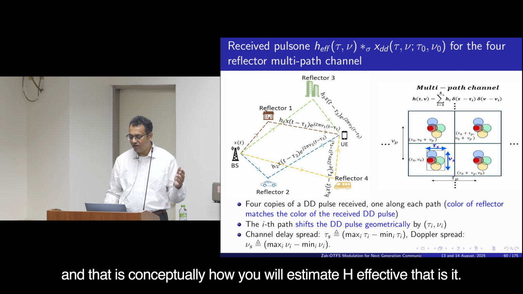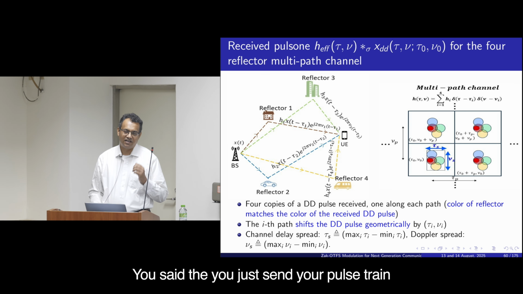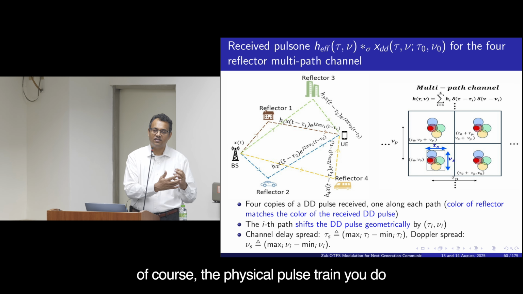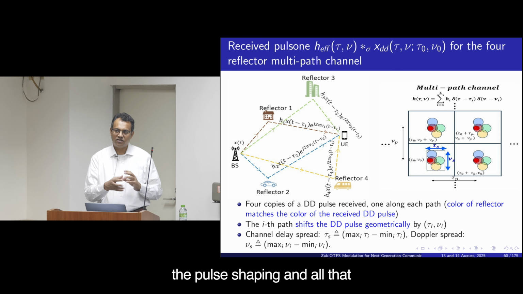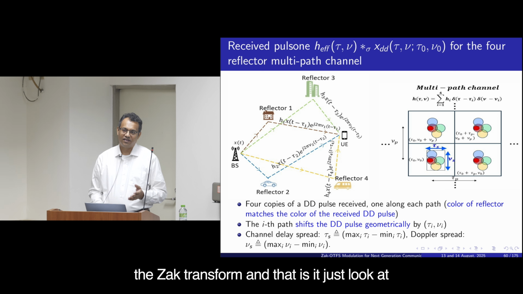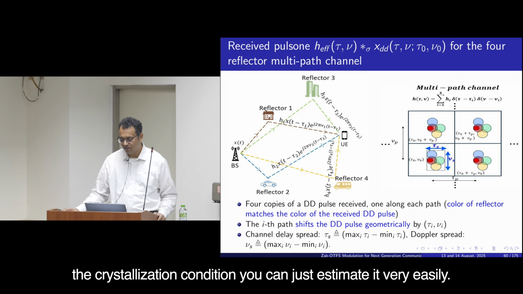And that is conceptually how you will estimate H effective. That is it. You just send your pulse train, of course the physical pulse train, you do the pulse shaping and all that, then you send it, and then you receive it, you take the Zak transform, and that is it. Just look at one of the boxes, as long as you are satisfying the crystallization condition, you can estimate it very easily.